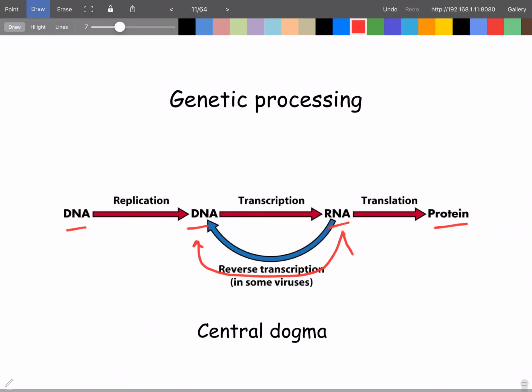We also know that RNA can be converted into other RNA sequences, and that also occurs in viruses. And when we get to the virus section, we're going to learn more about those processes. So those sort of went against the central dogma of genetics, right? So there are some exceptions to this line of thinking, but we're going to talk about those.